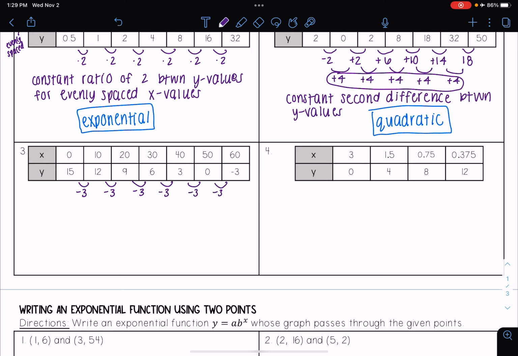And so here I have a constant first difference between y values. And since I have a constant first difference between y values for evenly spaced x values, this one is linear.